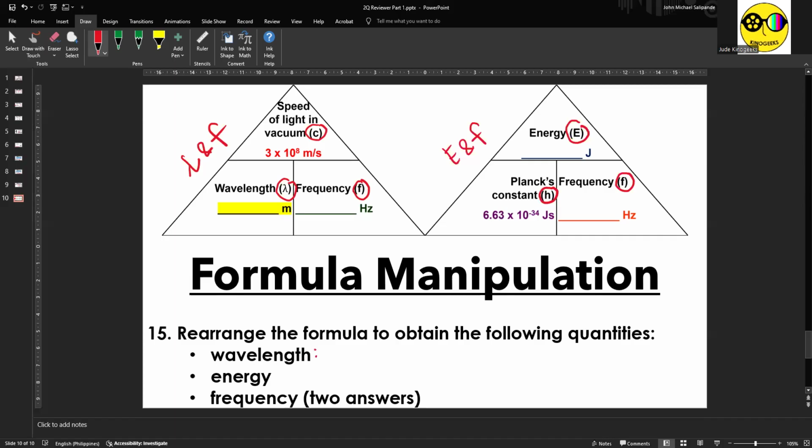Remember, in a pyramid which contains three variables, when you have two quantities situated next to each other, such as wavelength and frequency, all you have to do is multiply them. When you have two quantities on top of one another, you use division. The same is also true for the second pyramid.